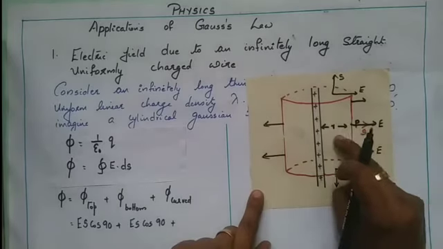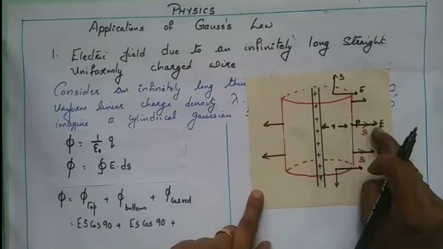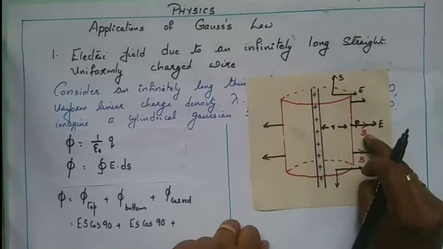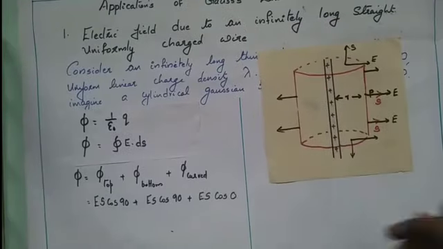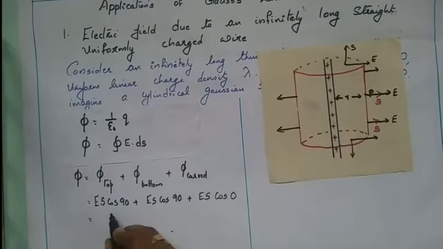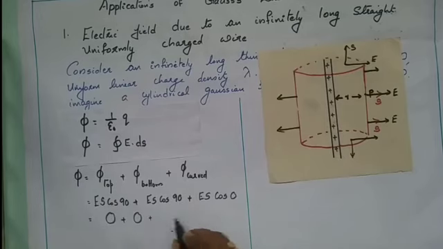In the curved region, the electric field and area vector are along the same direction, therefore E s cos 0. Then we know cos 90 is 0, so the flux through the top region is 0, plus the flux through the bottom region is 0, plus cos 0 is 1.